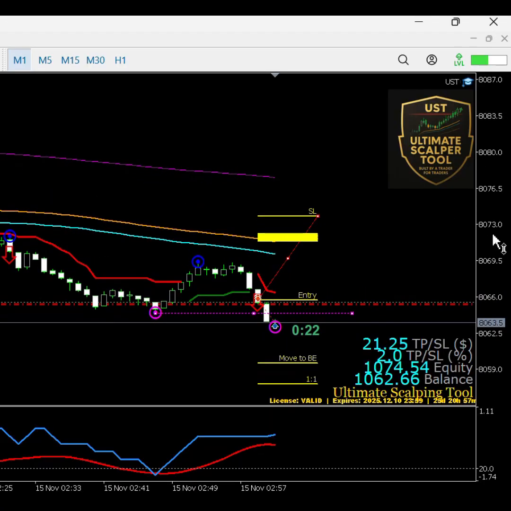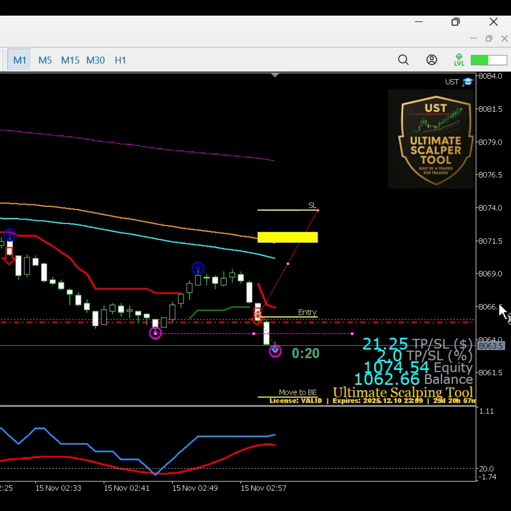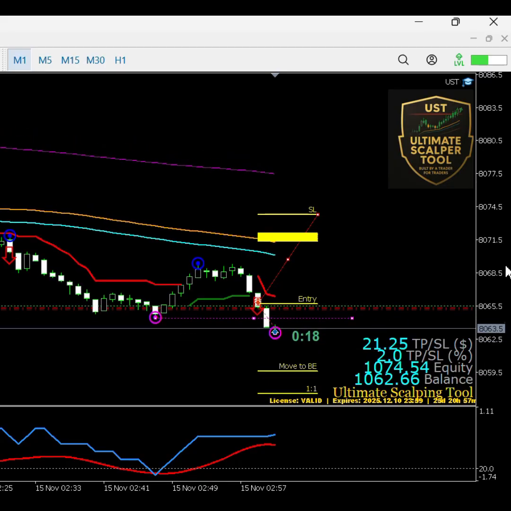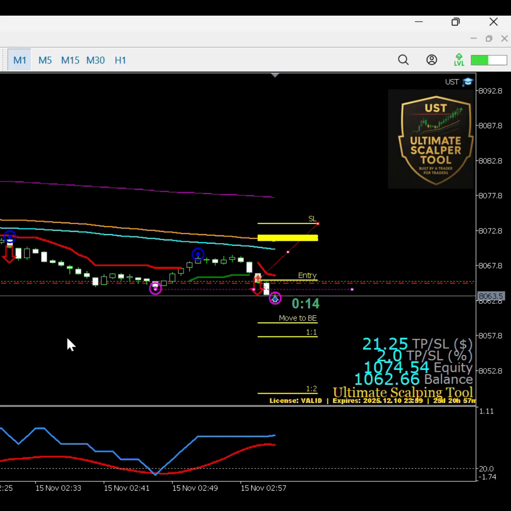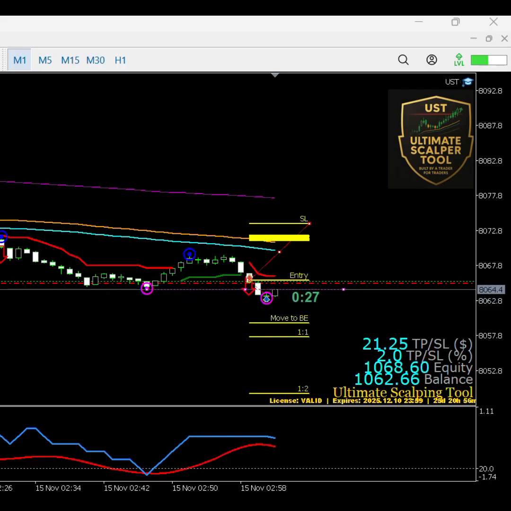So the trade moves into my direction. At this point I'm just monitoring and checking, but I'm zero on risk, so I'm not worried at all. This is this morning, by the way, the 15th of November 2025.